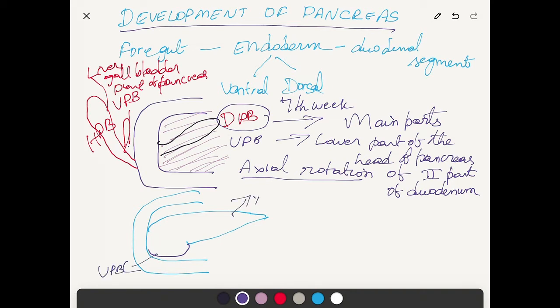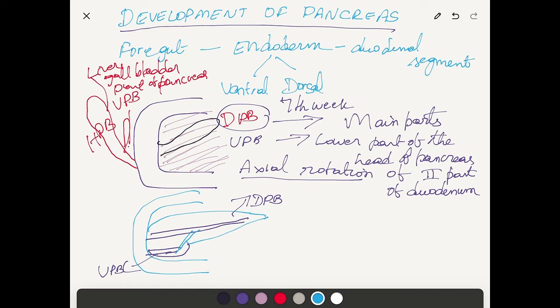This is the duct of the dorsal pancreatic bud, and this is the duct of the ventral pancreatic bud. Later, a cross communication is established between these two ducts, like this. So the two ducts are now cross communicating, and this will give rise to the main pancreatic duct and the accessory pancreatic duct of the pancreas.